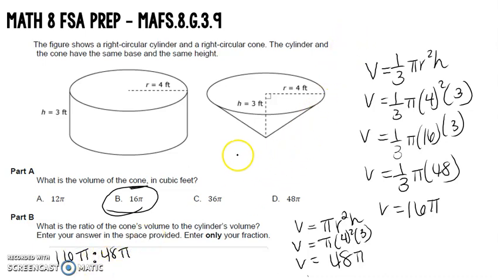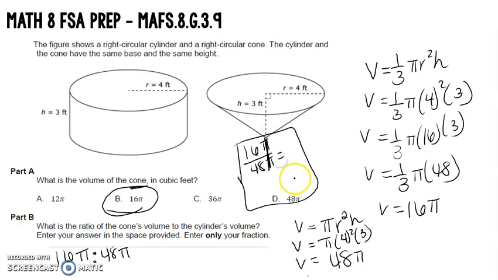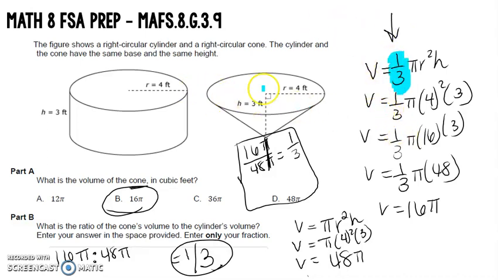Well, if we were to write this, and let me write this right here, 16 pi over 48 pi. The pi over pi cancels out, and 16 over 48 reduces to 1/3. So that's where this 1/3 in the cone formula comes from, because a cone of equal radius and equal height, the relationship is 1/3. So a cone is 1/3 of a cylinder, and a cylinder is 3 times a cone.